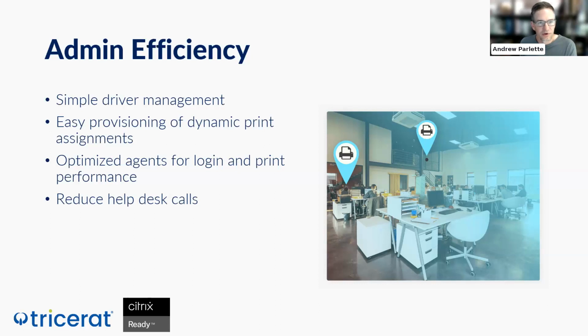When they log in, that's the printer they get. And then they tap out and they walk down the hall and they tap into the next one. Again, we can have that printer assignment that automatically, when the session reconnects, they now have the right printer there. And how great is that for the user? I log into my session, I dynamically and intelligently have the right printer for who I am and where I am right now. I hit print, it's the right printer, go. And we'll get into that in a second with user productivity.